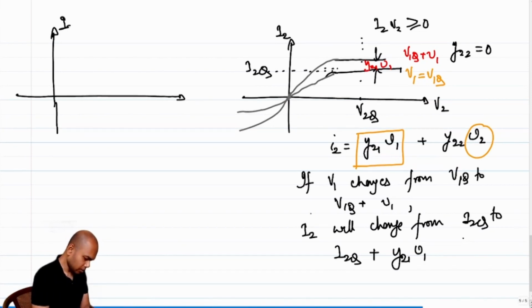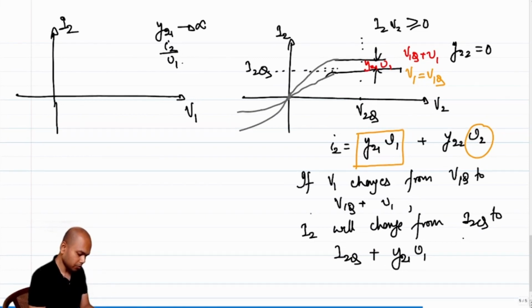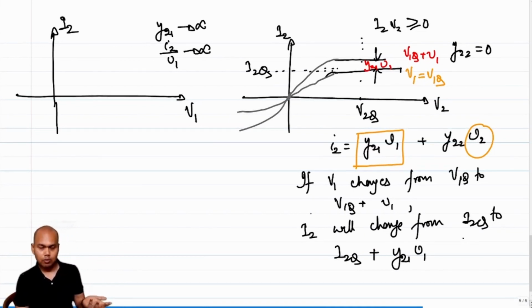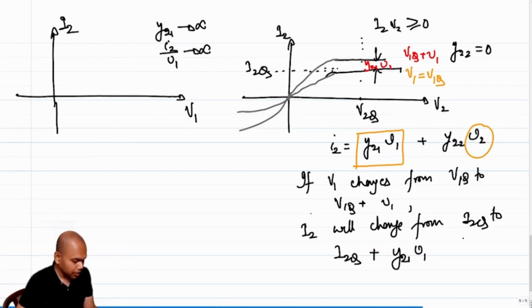So now let's shift our focus to the other curve, the last remaining curve. Let's call this V2, V1, and we are saying that Y21 tends to infinity. Again, Y21 means small i2 over small v1 tends to infinity, which means the slope of the curve defining the relationship between I2 and V1 has to be very high. Infinity means vertical line.